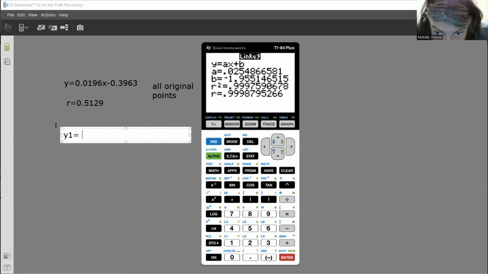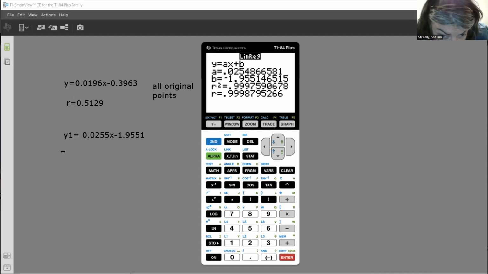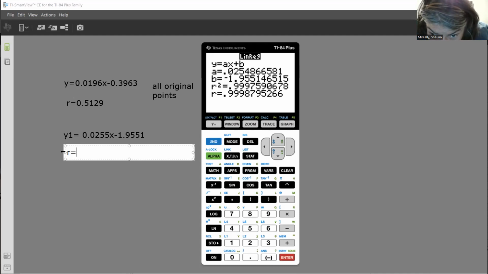Y1 is equal to 0.0255 X minus 1.9551. That's this R, it goes to 0.999.